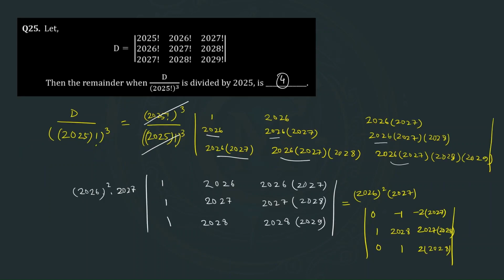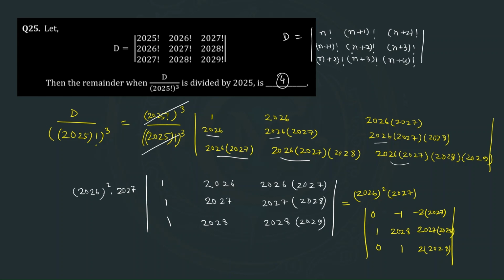Now in this question, you can observe a really nice thing: if D is of the form, let's say, n factorial, then (n plus 1) factorial, then (n plus 2) factorial, then (n plus 1) factorial, then (n plus 2) factorial, then (n plus 3) factorial, then (n plus 2) factorial, then (n plus 3) factorial, then (n plus 4) factorial.